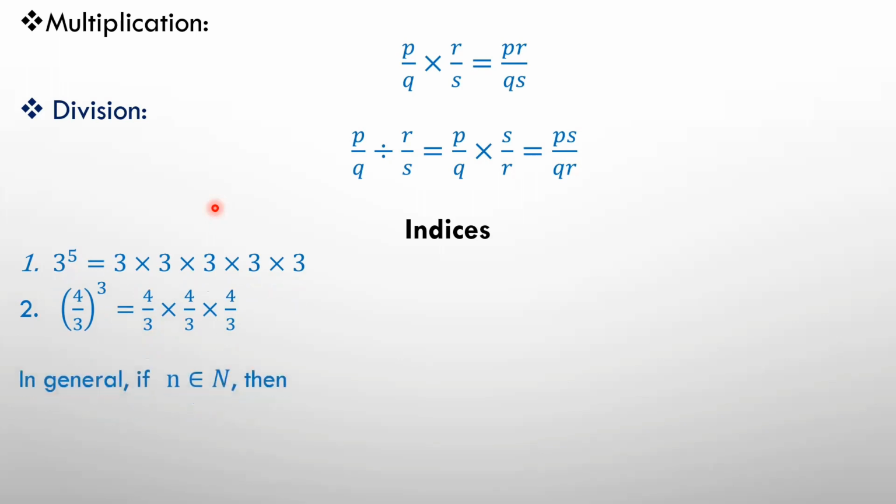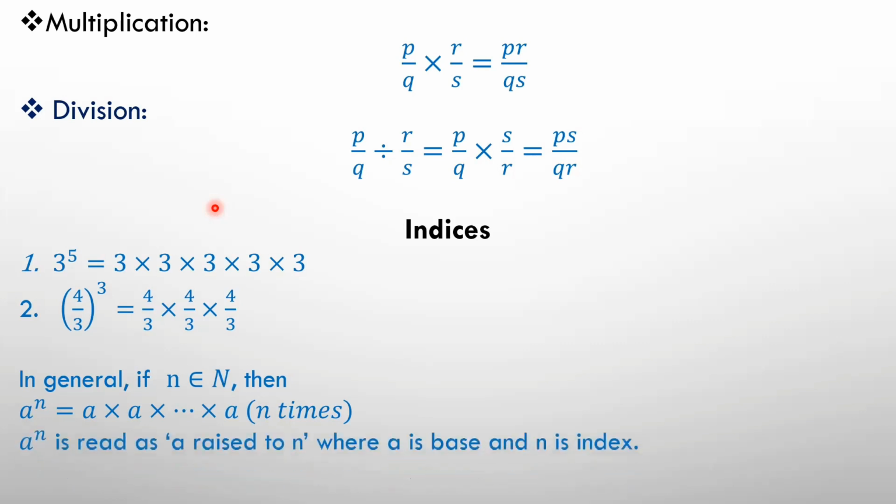In general, if n belongs to the natural numbers, then a raised to n is equal to a into a into a, n times. These are indices. And a raised to n is read as a raised to n, where a is the base and n is the index. So the number which is in the power is called the index.